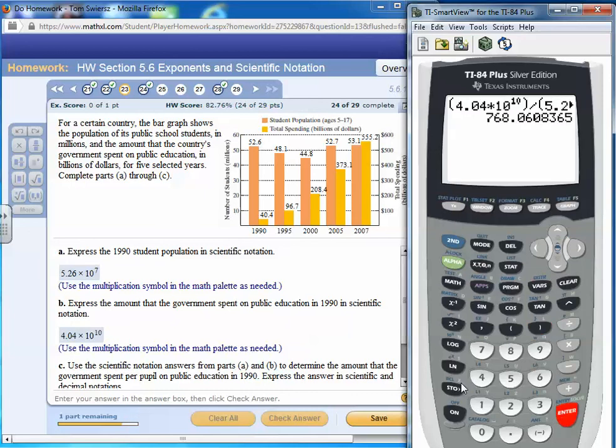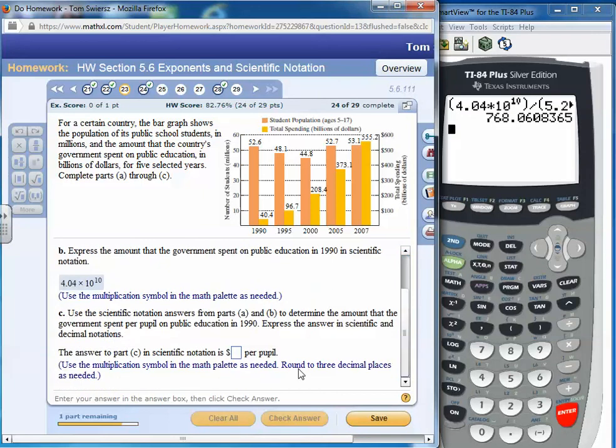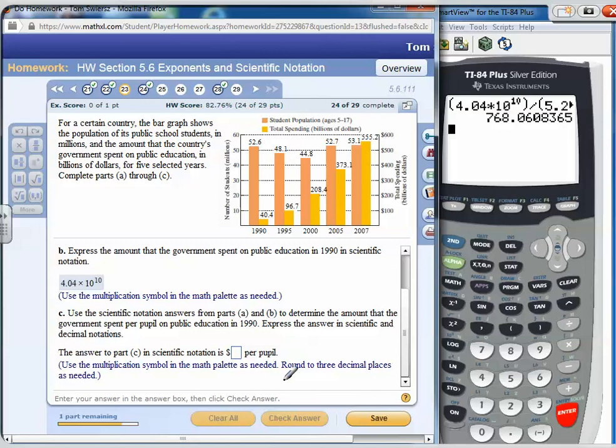Okay. Now, there's our answer, but this one is in scientific notation and round to 3 decimal places. So in scientific notation, we have 768.06, so we move it over 2 places. So it'll be 7.6806 times 10 squared.